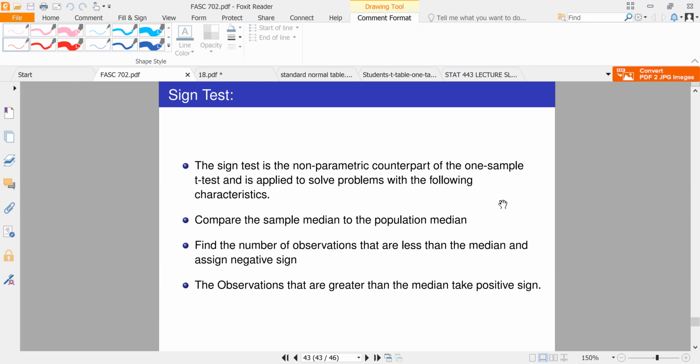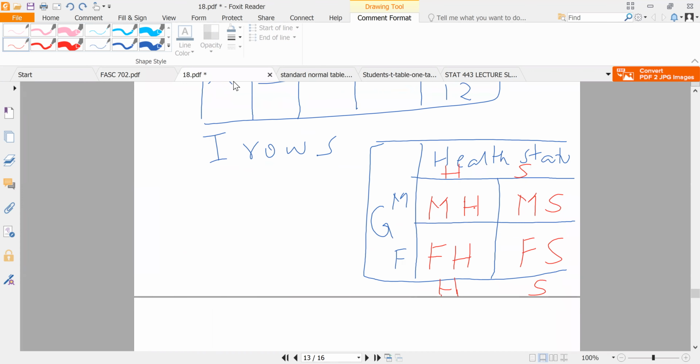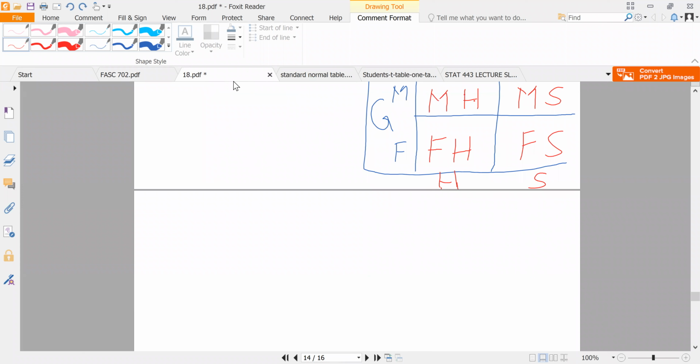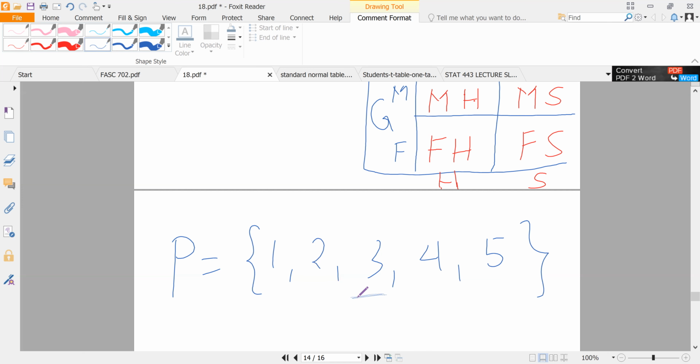So if for example, we consider a population of 1, 2, 3, 4, 5, you realize that the number 3 divides this population into two distinct sets. You have those that are greater than 3 and those that are less than 3.